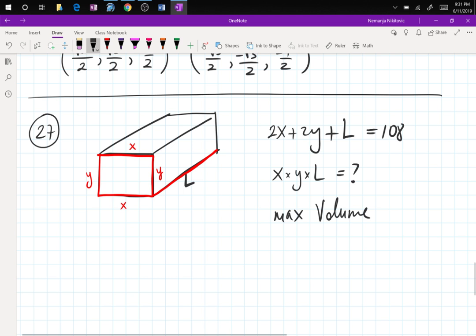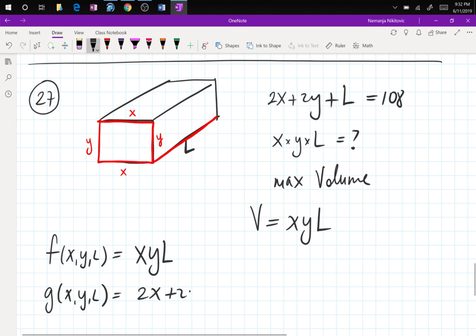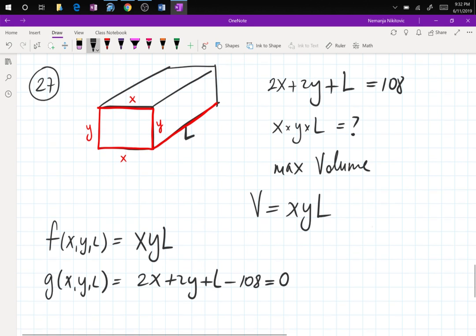Now, the volume formula for a box is hopefully XYL. So what's my f? My function f of XYL is XYL. And my g of XYL is 2x plus 2y plus L minus 108 equals 0. So we are able to take the word problem and transform it into this.